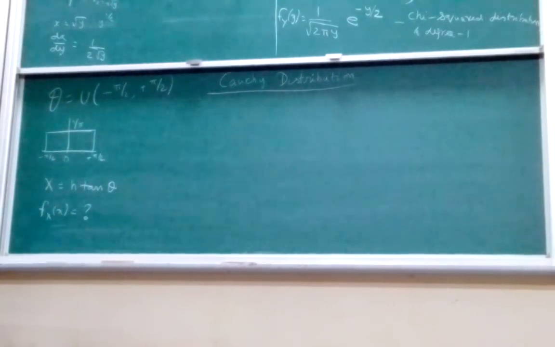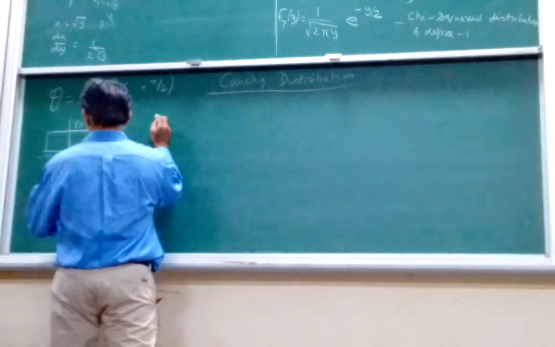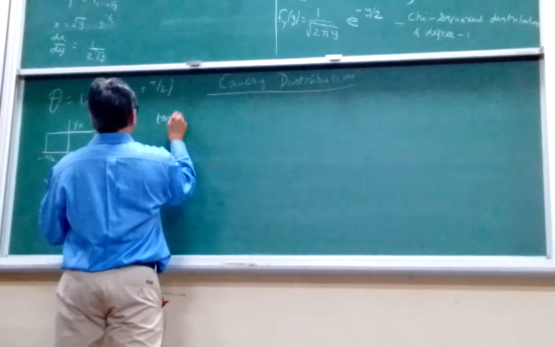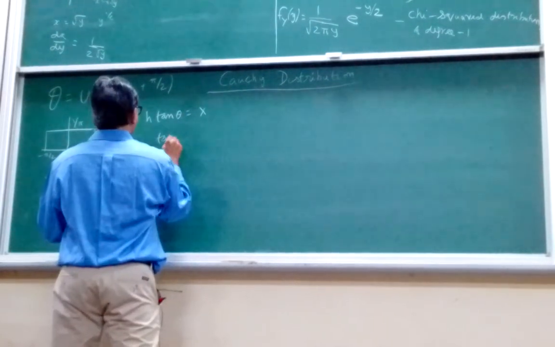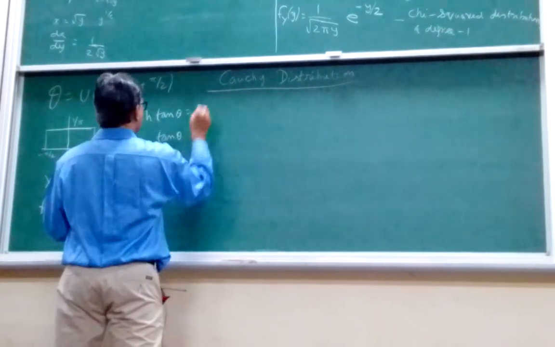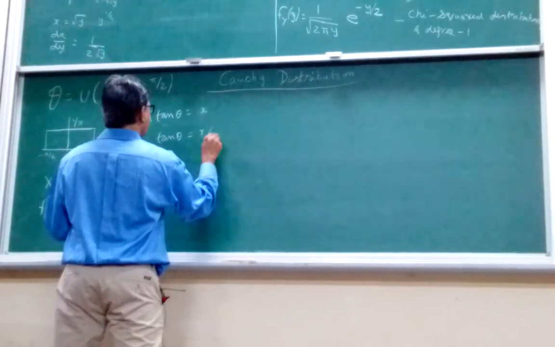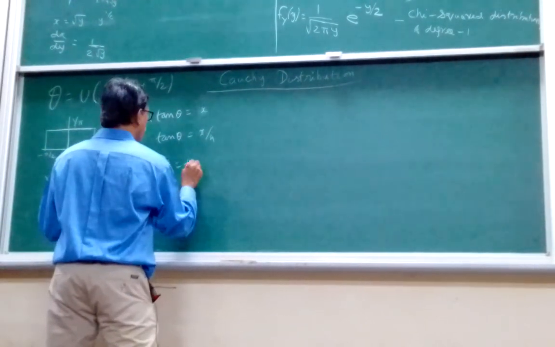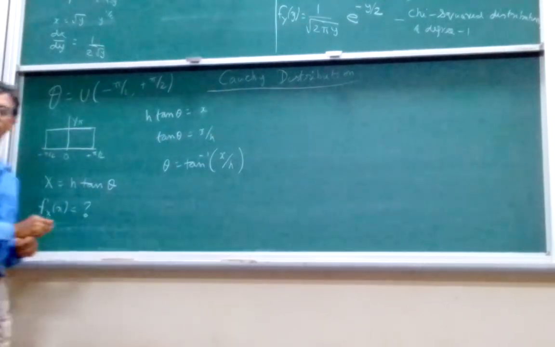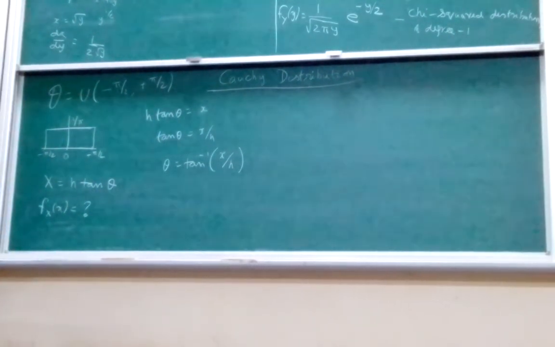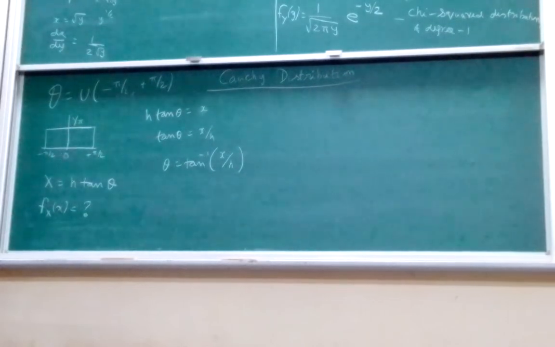So we can find that h tan theta is equal to x, small x.